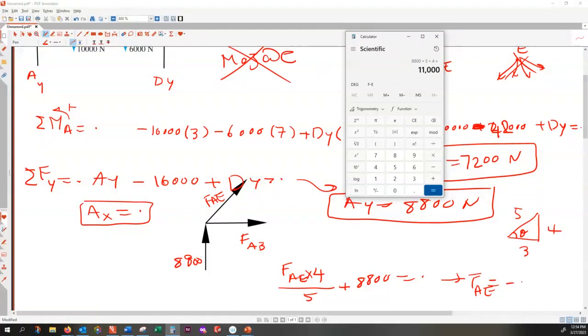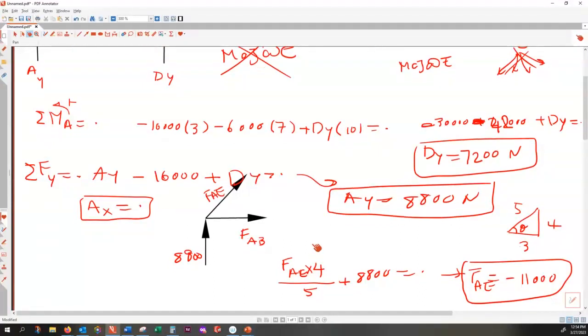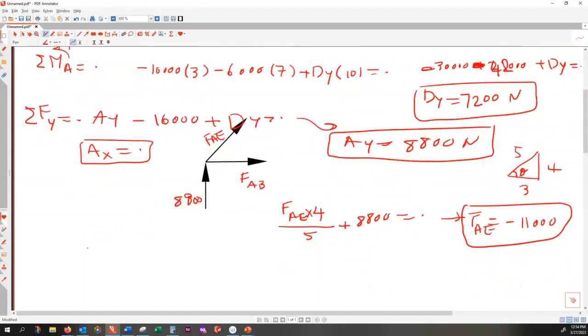11,000. Okay, and then FAB, that is FAE cos theta, which is 3/5, plus FAB is equal to 0.